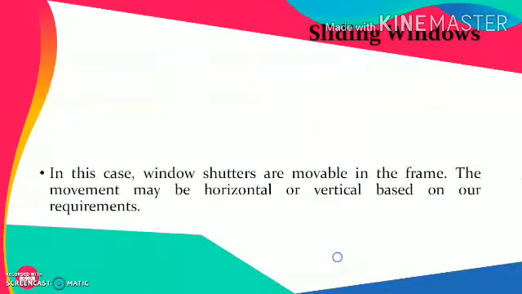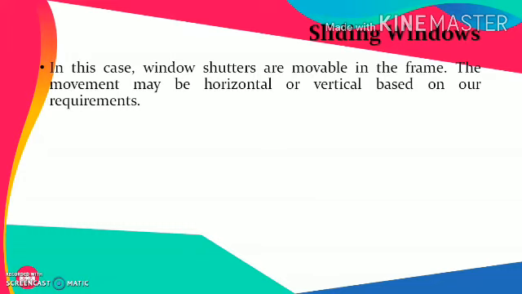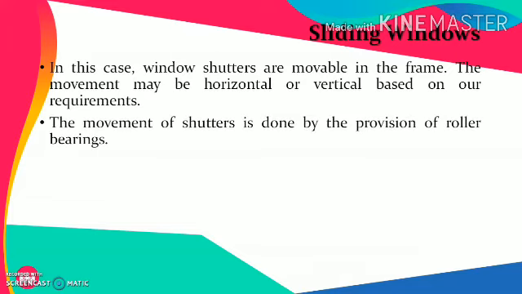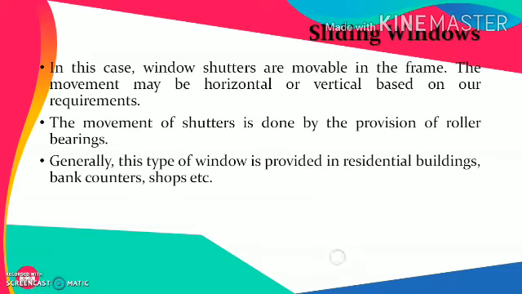Second is the sliding window. In this case, window shutters are movable in the frame. The movement may be horizontal or vertical based on our requirements. The movement of the shutter is done by provision of roller bearings.